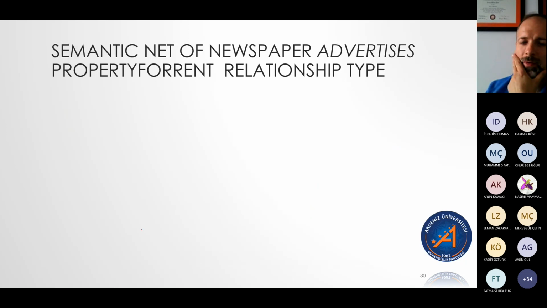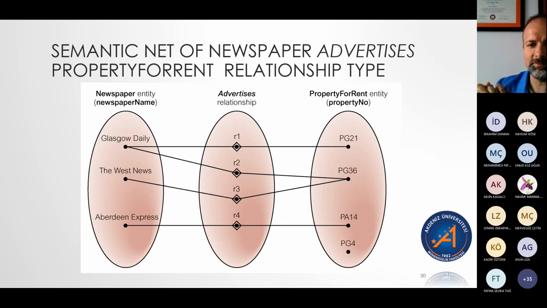All right, let's talk about one more using a semantic net. All right. Wow, that's a lot going on, right? Okay. All right, let's talk first about the newspaper. The newspaper can advertise how many properties?